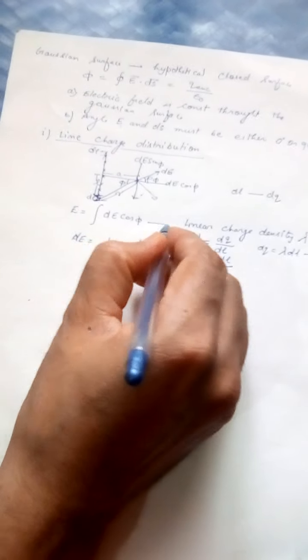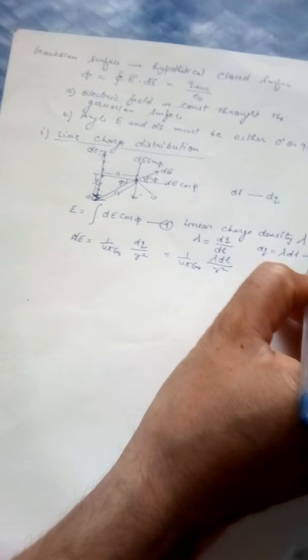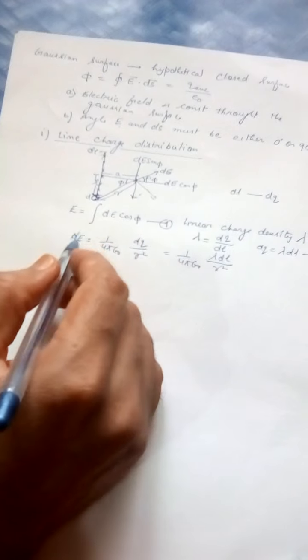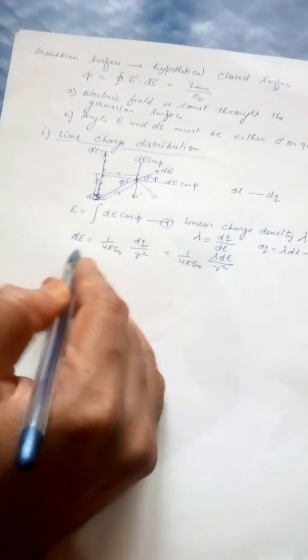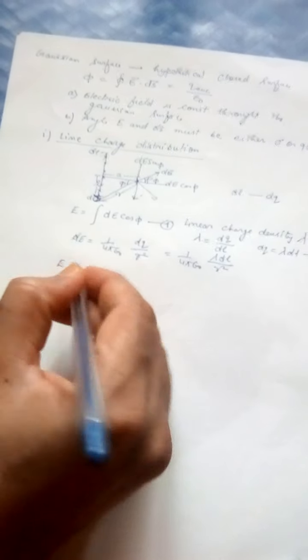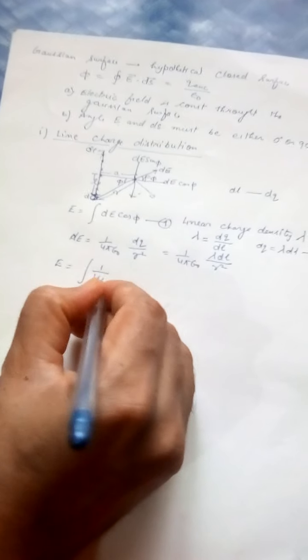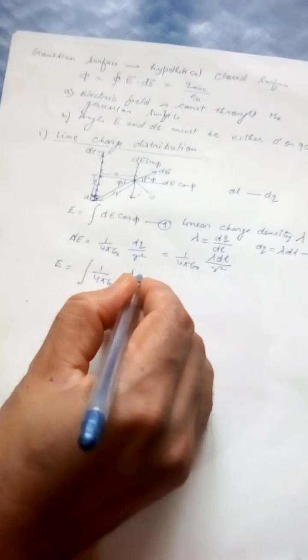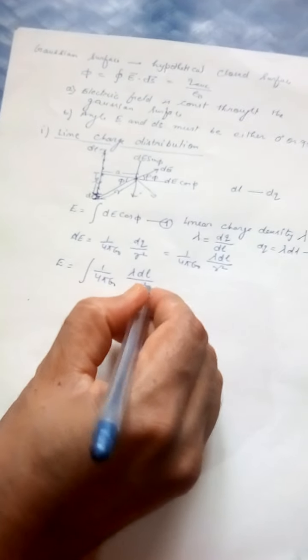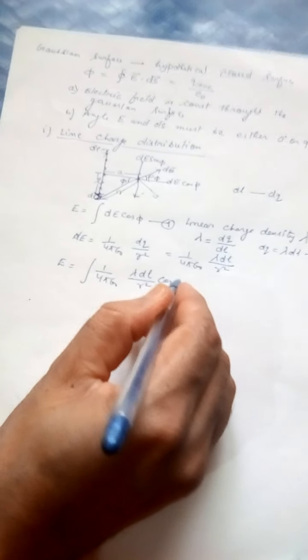Suppose this is equation 2. Now putting the value of this dE in equation 1, what is the electric field? 1 by 4 pi epsilon naught lambda dl by r square cos phi.